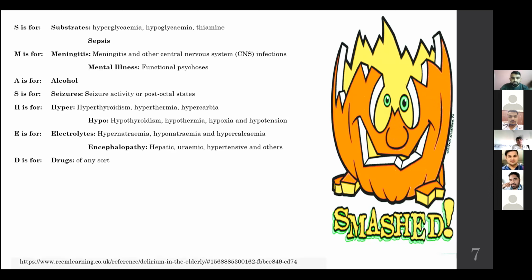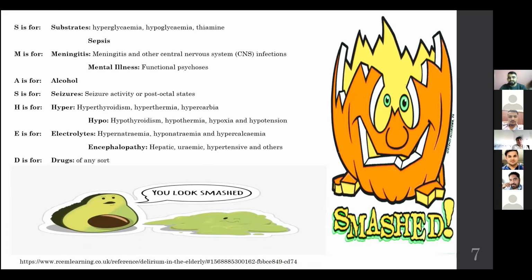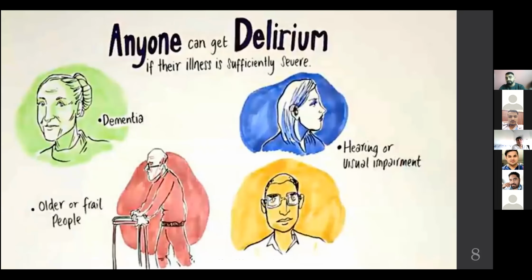So whenever you see a delirious patient, always remember the mnemonic SMASH to go through the causes of delirium. Anyone can get delirium if their illness is severe enough.